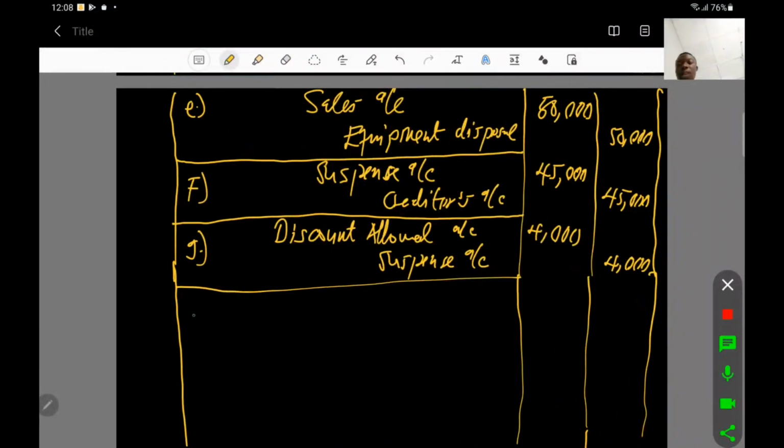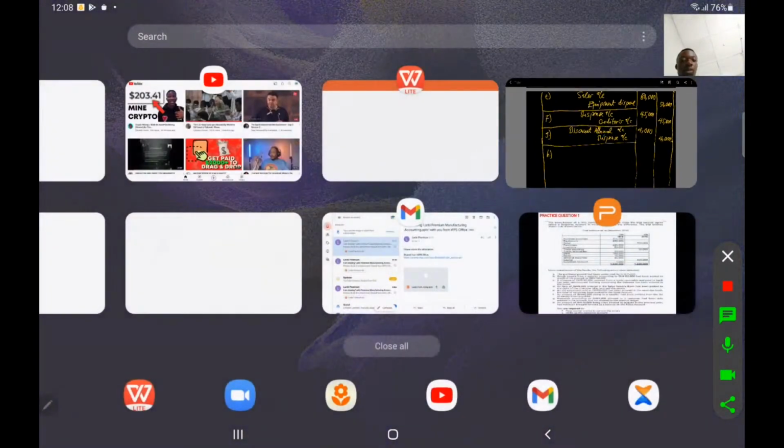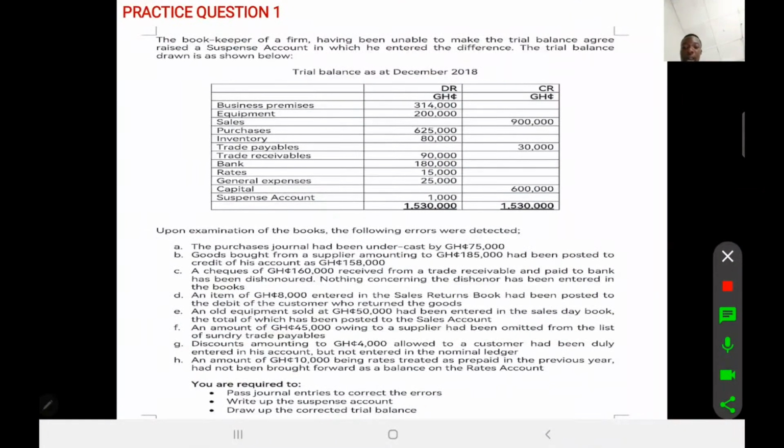And then the last transaction, that is transaction H. We were told that an amount of 10,000 being rates treated as prepaid in a previous year had not been brought forward as a balance on the rates account. Here is a case where the business paid rates in advance.